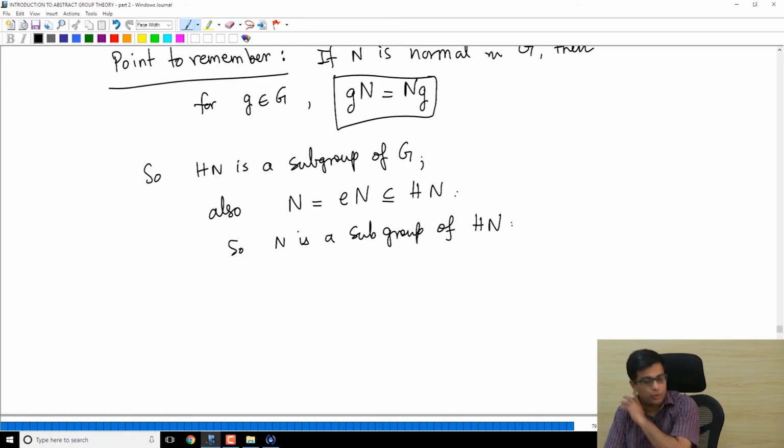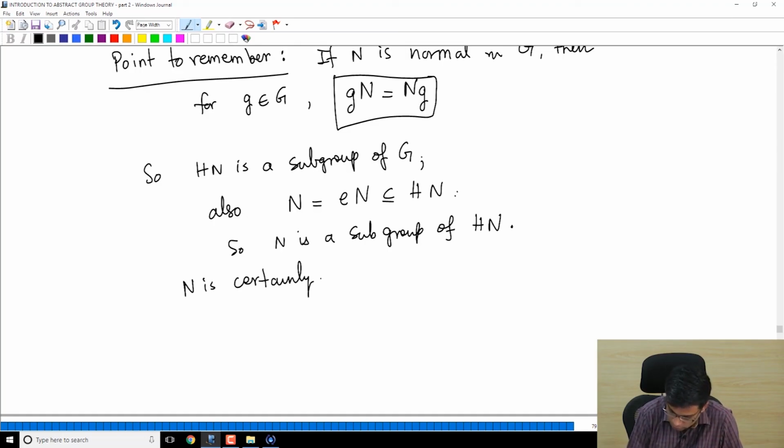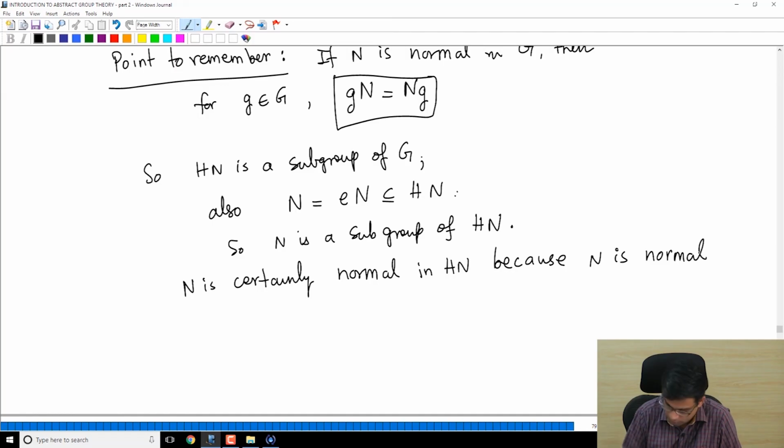Okay, to finish the proof of statement 2 of the theorem, we want to show that N is actually normal in capital HN. But that is obvious, because N is normal in even a bigger group, namely G. See, what is the picture now?